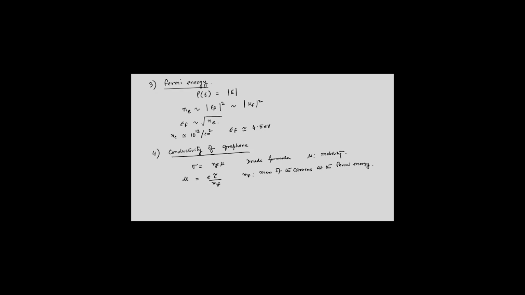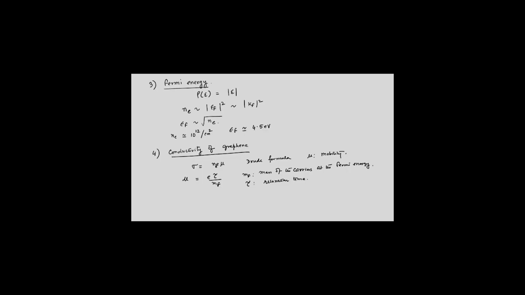And tau is the relaxation time. Just to remind you, it is the time between two successive collisions. So here it shows that mf is actually not a constant, but it depends on the electron density.